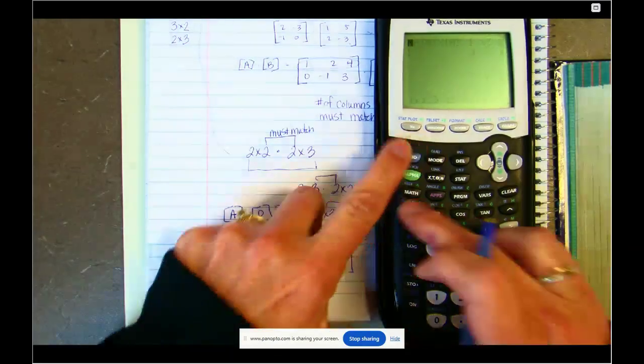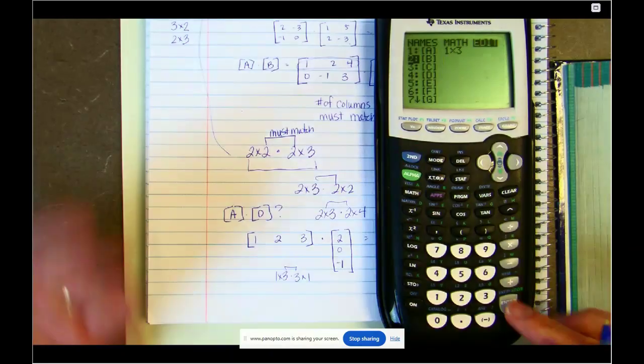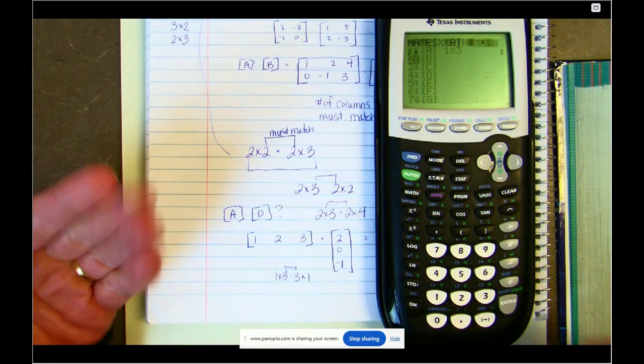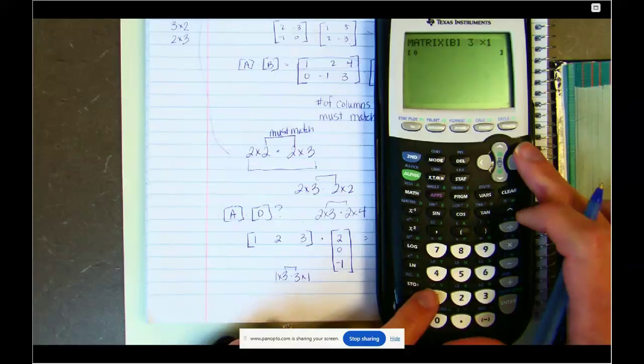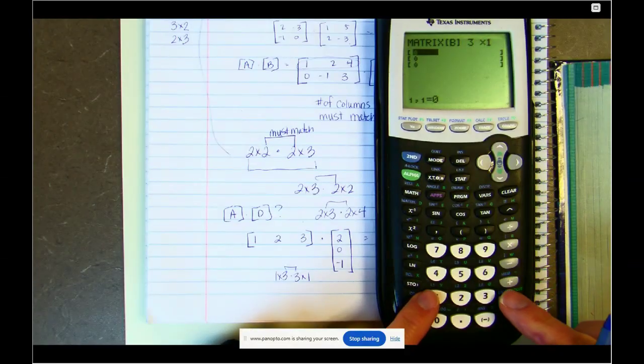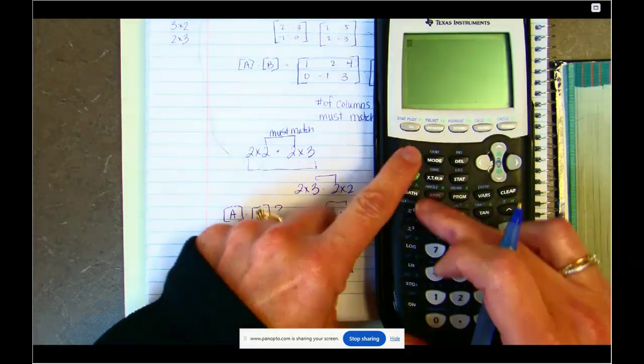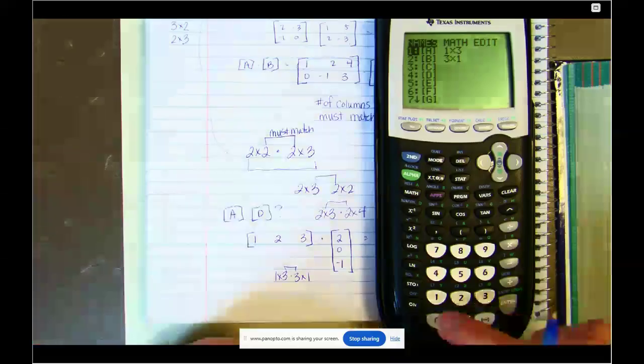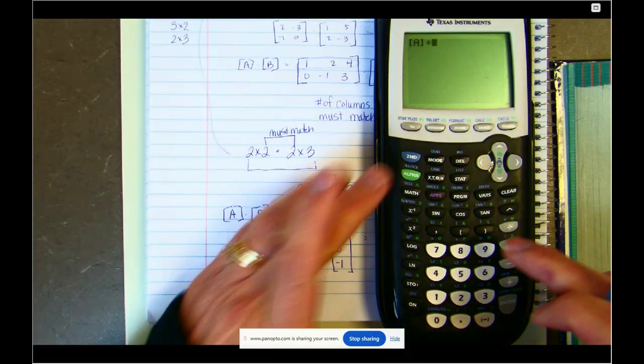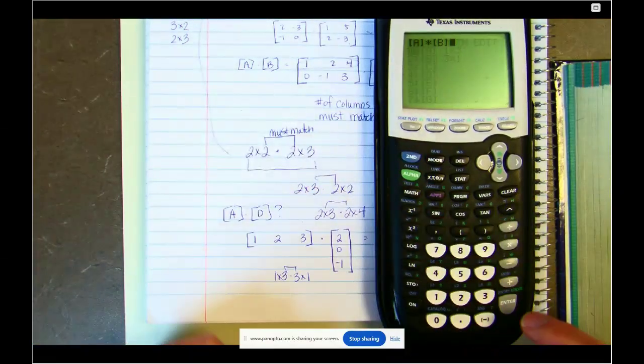Then you got to use a second matrix, though. This guy's a 3 by 1, and 2, 0, -1. Then you use the matrix menu: first one times the second one. There you go.